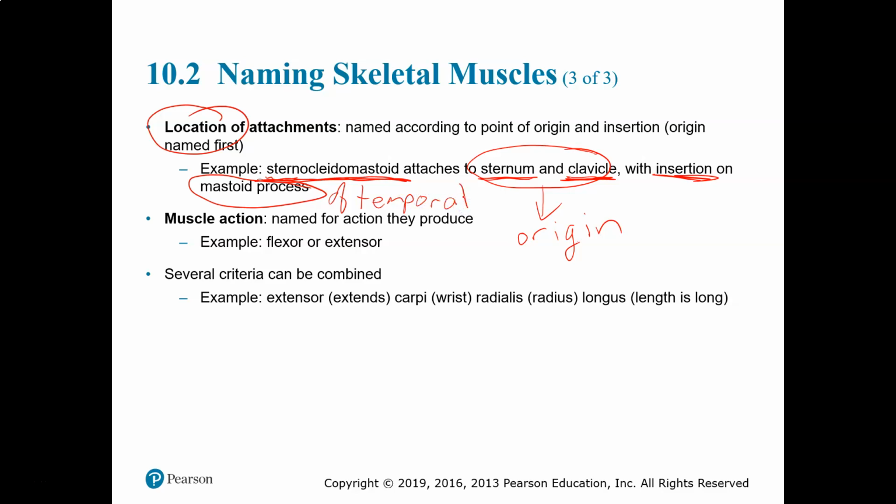All right, and then also muscles can be named for their action. For me anyway, the hardest muscles to learn are the flexors and the extensors in the forearm, because there are so many. There's extensor digitorum, extensor carpi radialis, extensor carpi ulnaris, extensor carpi radialis longus.